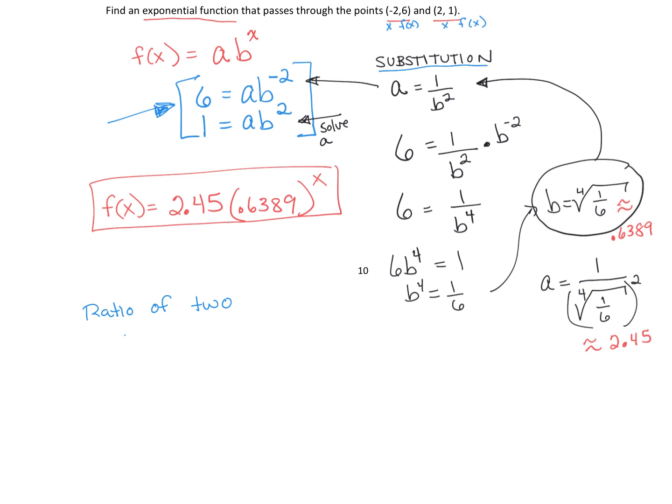So I'm actually going to do 6 over 1 equals a b to the -2 over a b squared. And what you should notice is that those a values are going to cancel, and we're back to 6 equals 1 over b to the 4th. Once we're there, it looks identical, but that's just another way that you can find that.